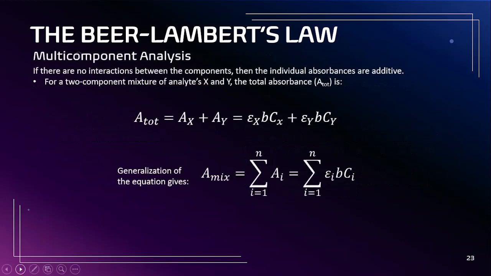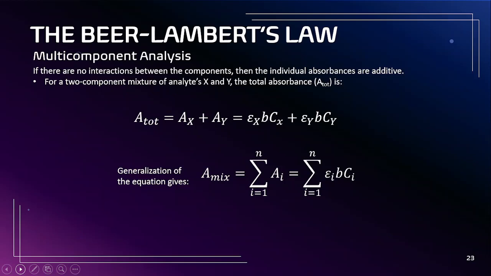Next is the multi-component analysis. If there is no interaction between the components, then their individual absorbances are additive. For a two-component mixture of analytes X and Y, their total absorbance is computed from the equation below. How do we know the individual absorbances of each analyte? We do this by making a standard solution, a solution with a known concentration, and reading its absorbance.